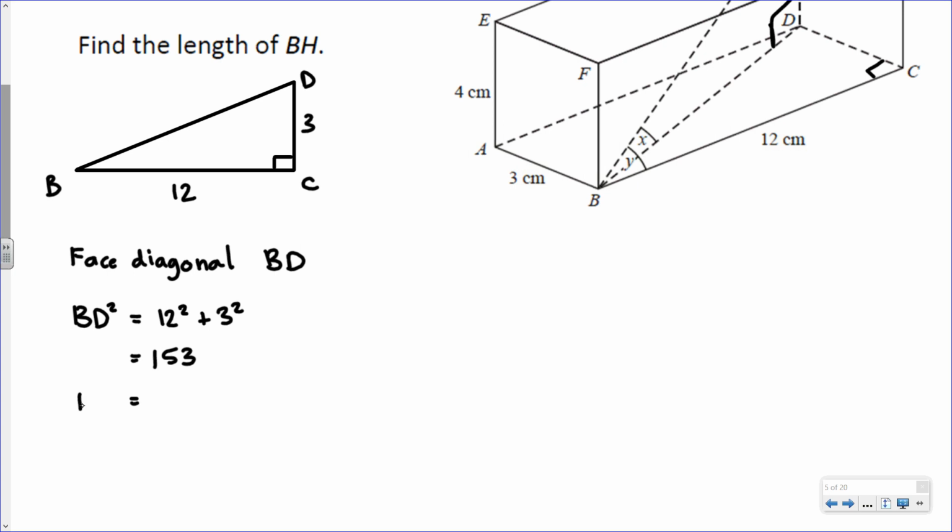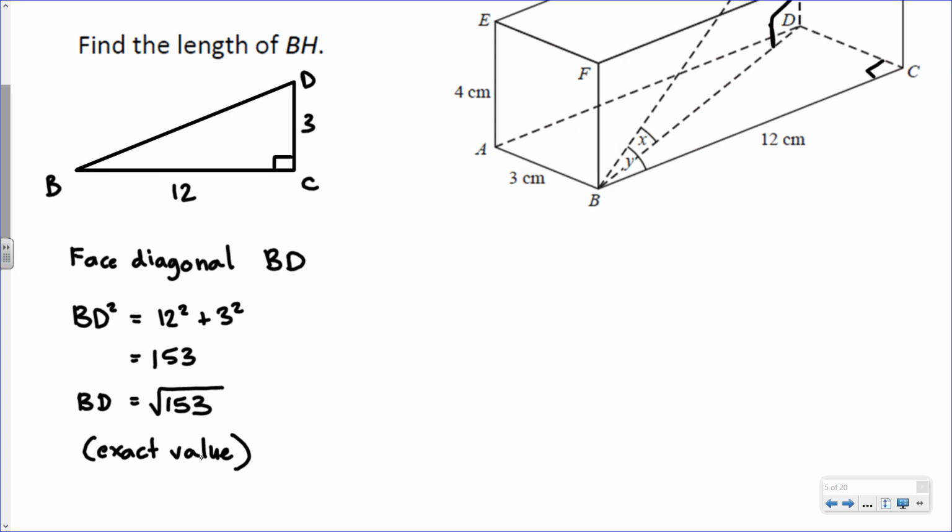Now B to D is then the square root of 153. Now because I'm going to use this again, it would be unnecessary to get a decimal answer here. So I'm going to keep this as the square root of 153, which is called an exact value, because I am keeping it as a square root.